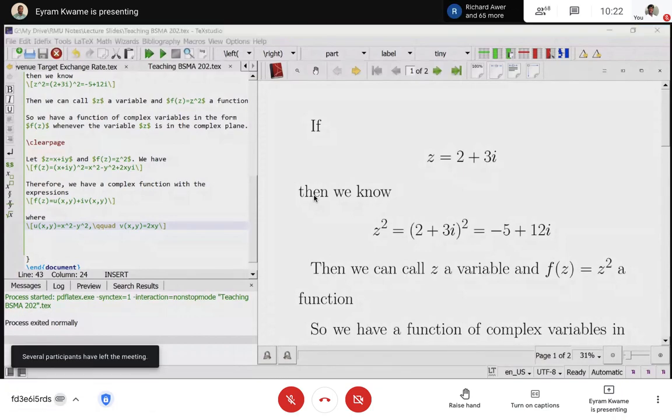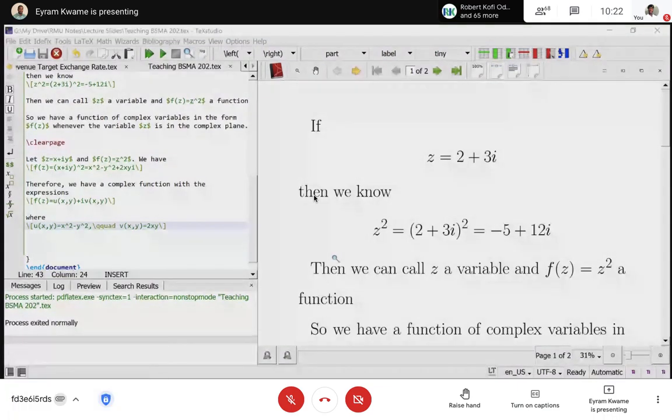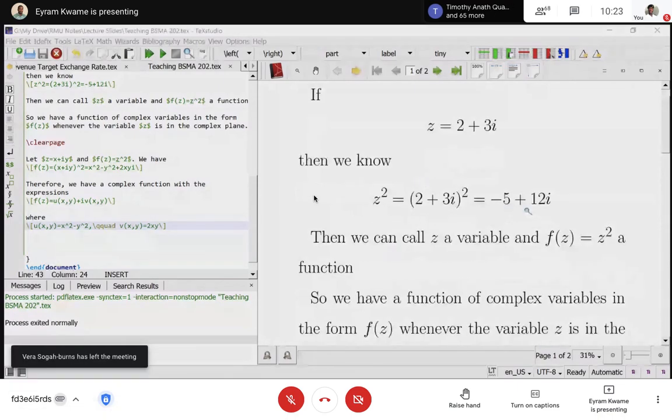I'm going to use Inkscape to sketch this, which ideally I would have done. Let me see if I can use the Jamboard to sketch. Use Inkscape to sketch. You can indicate in the complex plane 2 plus 3i. You can also indicate in the complex plane minus 5 plus 12i. Use Inkscape to do the sketching.